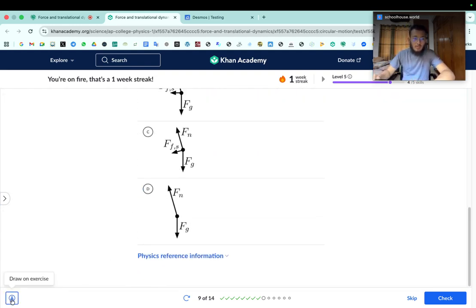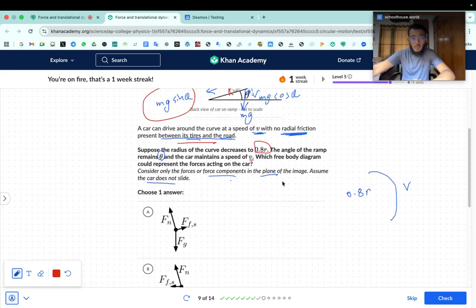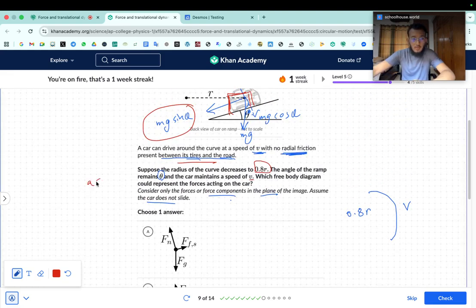We need that acceleration is equal to v squared by r. So when you reduce r, acceleration needs to be increased in order to maintain the same v.